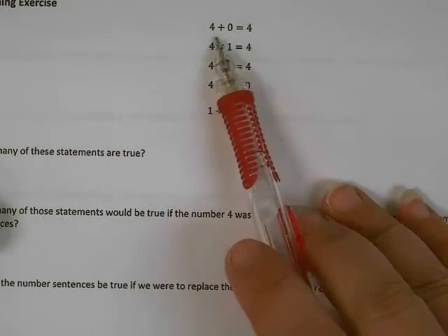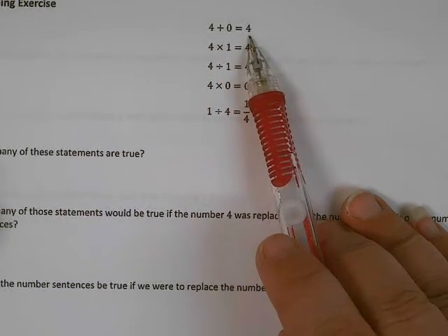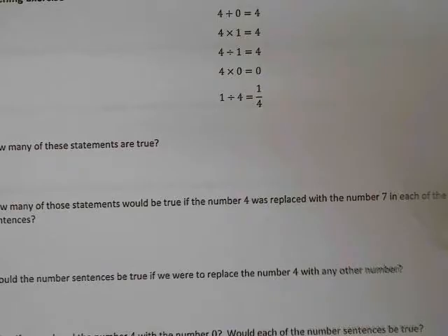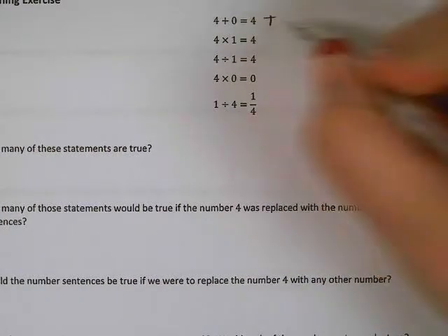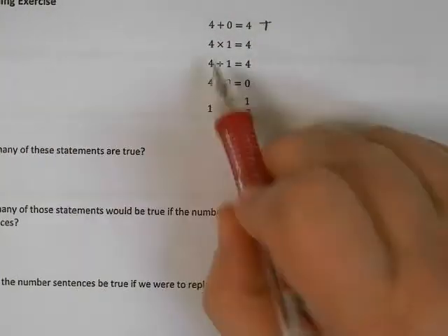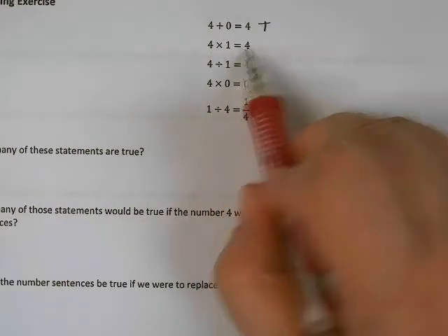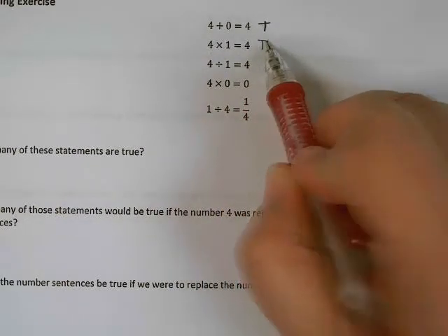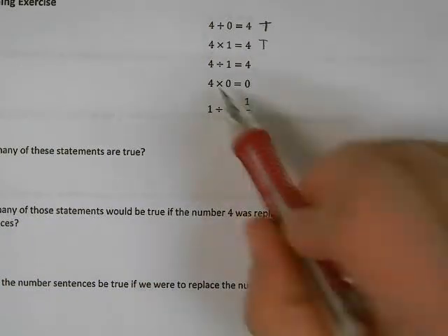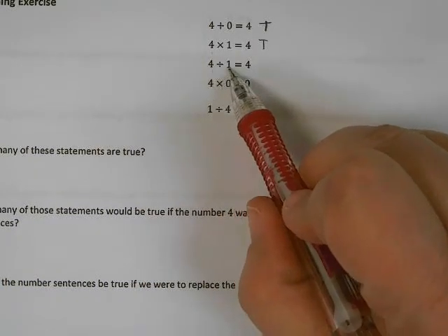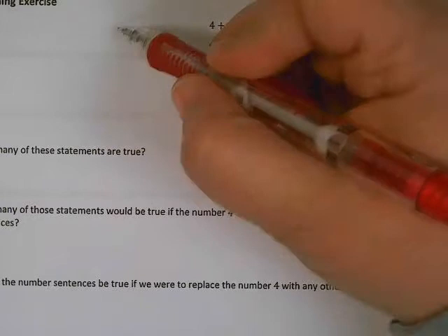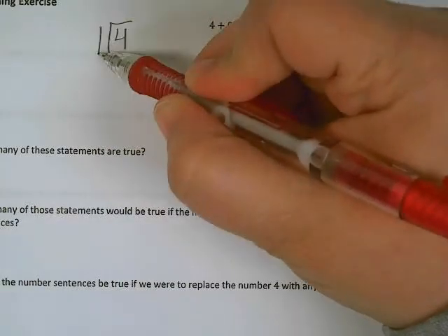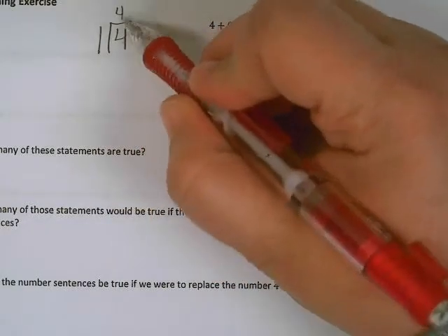It shows 4 plus 0 is equal to 4. We know that that is a true statement, so we're going to put a T next to that. That is true. 4 times 1 is equal to 4, so we're going to put a T next to that. That is true. 4 divided by 1. If I have the number 4 and I divide it by 1, how many 1s are in 4? 4.